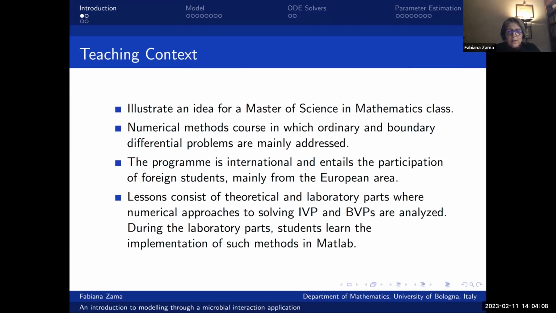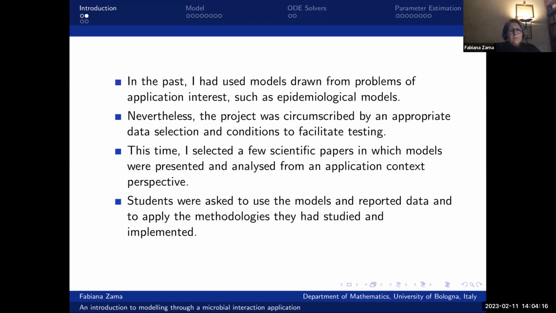What I wanted to do this year is something different. Besides the implementation of such methods using MATLAB, I wanted to give them the opportunity to use models directly from scientific papers, instead of circumscribing the topic as I used to do in the past.